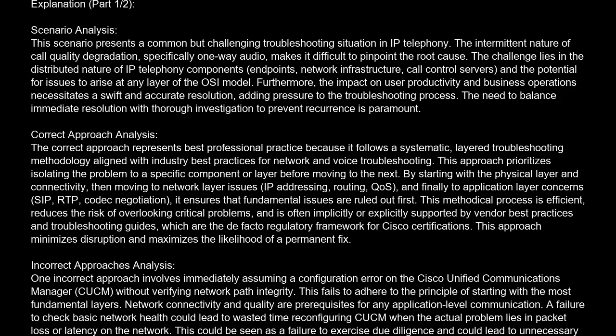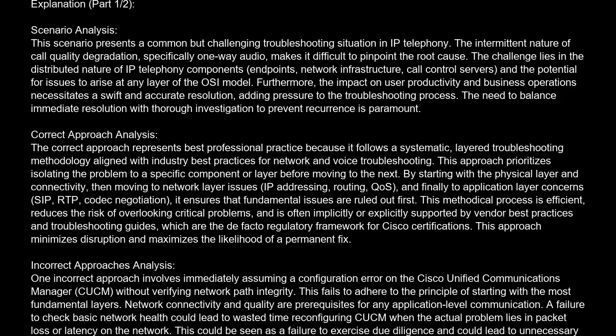Correct approach analysis. The correct approach represents best professional practice because it follows a systematic, layered troubleshooting methodology aligned with industry best practices for network and voice troubleshooting. This approach prioritizes isolating the problem to a specific component or layer before moving to the next, starting with the physical layer and connectivity, then moving to network layer issues, IP addressing, routing, CoS, and finally to application layer concerns, SIP, RTP, codec negotiation.